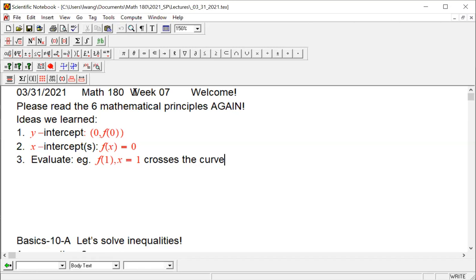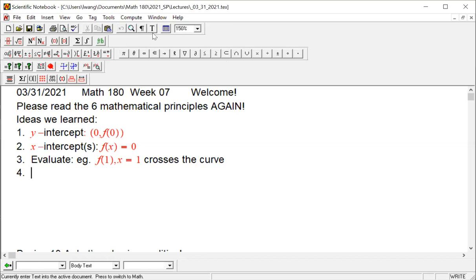It may cross, it may not cross. It depends on whether 1 is in the domain or not. If it is in the domain, it will cross somewhere. Now, solve for f of x equals a constant, say 1. I'm just taking an example.